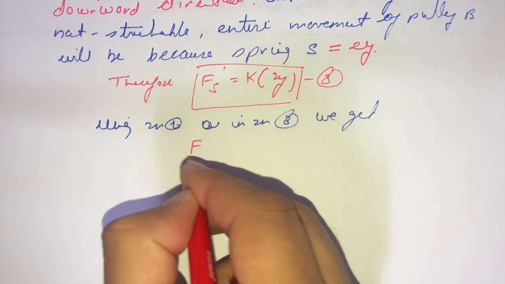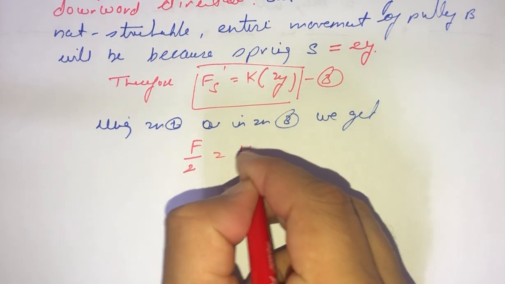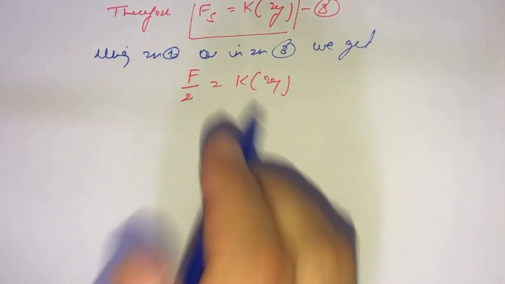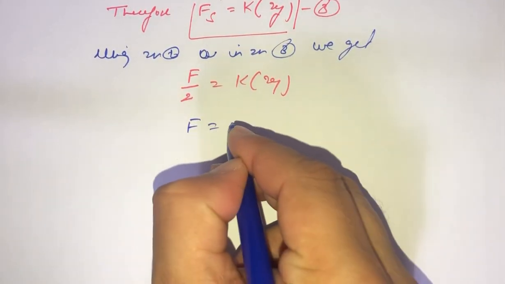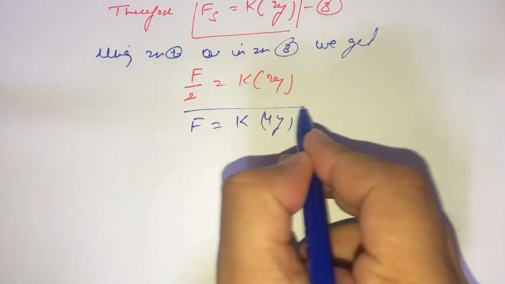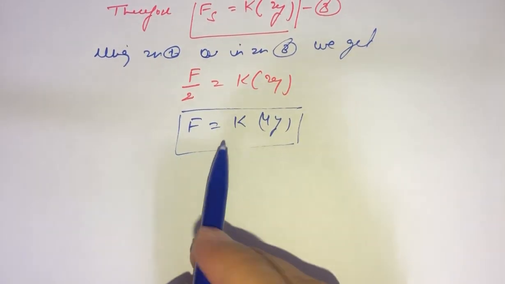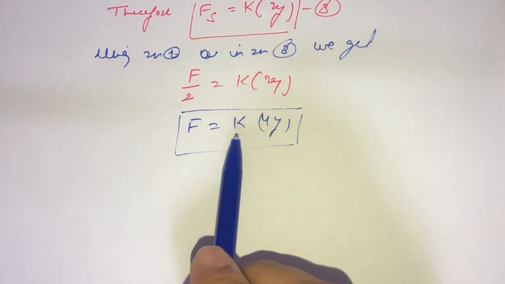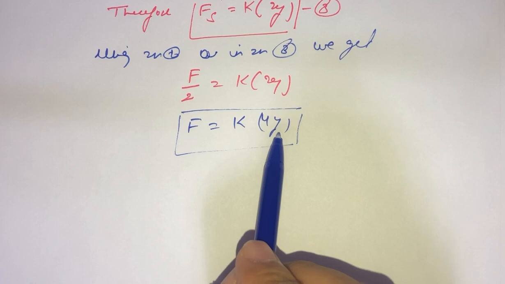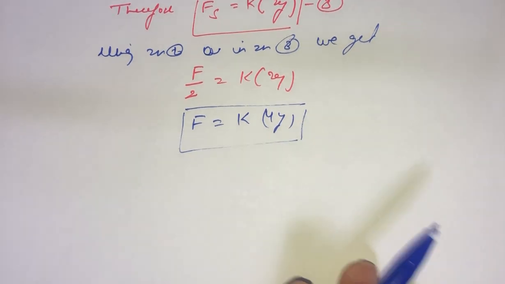So we get F upon 2 is equal to k into 2y, and from here we can directly write that F is equal to k into 4y. So this is the relationship between the force F, constant k, and the distance y for part B. Thank you.